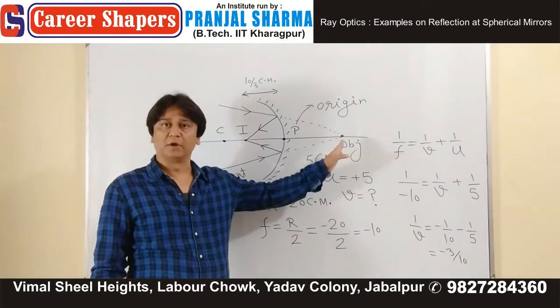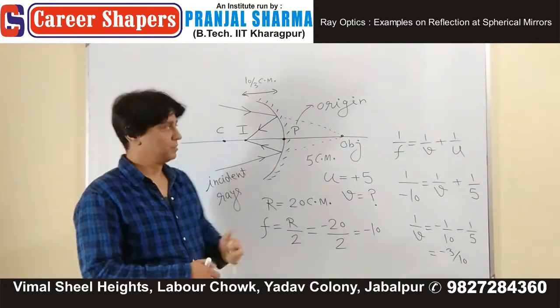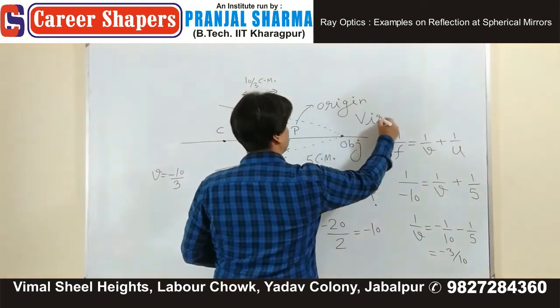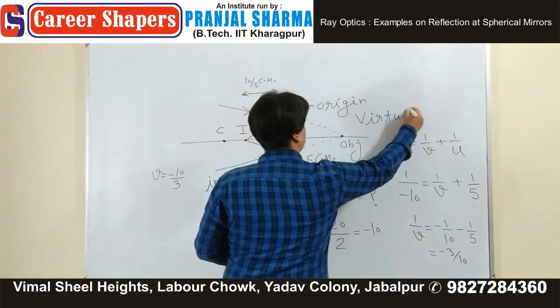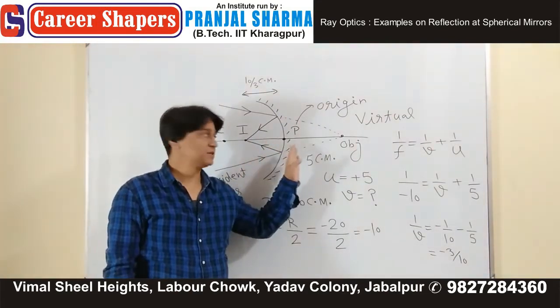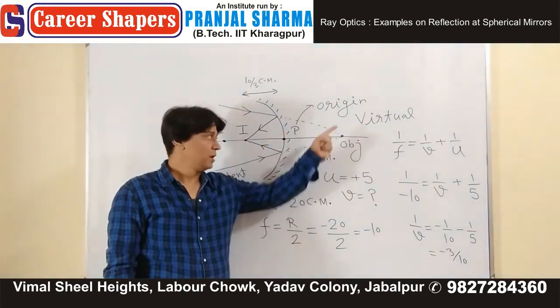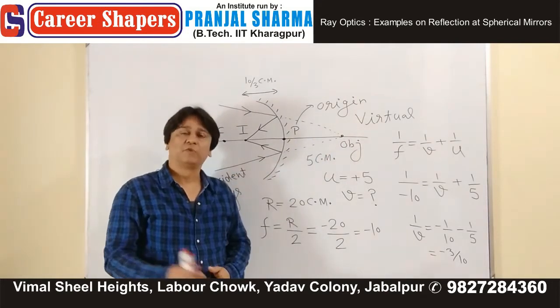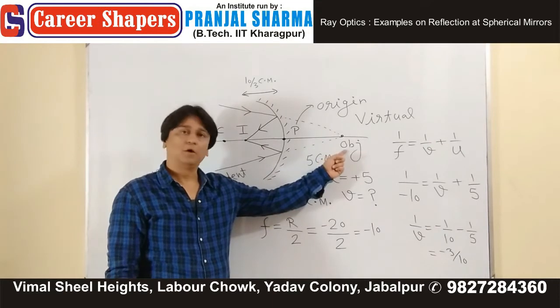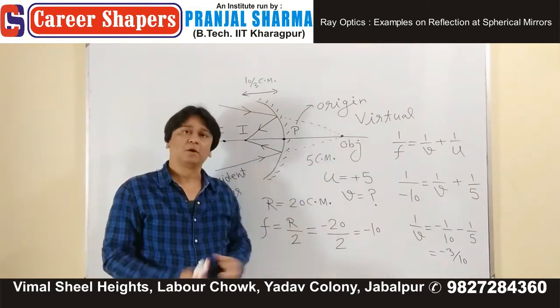Anything behind the mirror is what? Virtual. Light rays cannot exist behind the mirror, and therefore things are what? Virtual. What is behind the mirror? Object, and therefore it is what? Virtual.